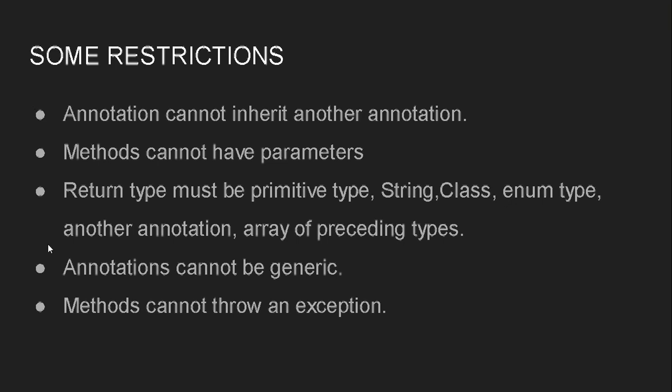So these are the certain restrictions which we need to follow whenever we are defining an annotation, or defining a method or a return type in an annotation. I still think there is something I'm missing in the third point. I said this class is defined in the Java programming language. So I think you can even have a return type where you're defining a new class yourself.